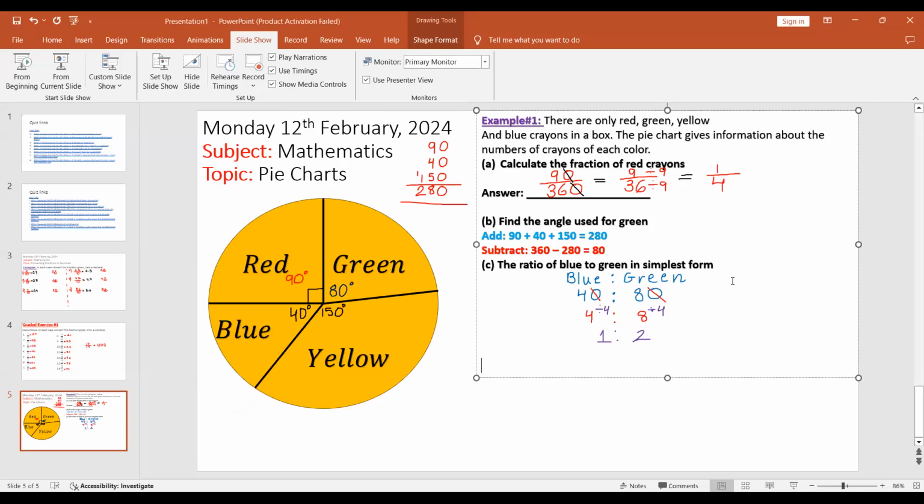This is part D. There are 72 crayons in the box. Calculate the number of yellow crayons.